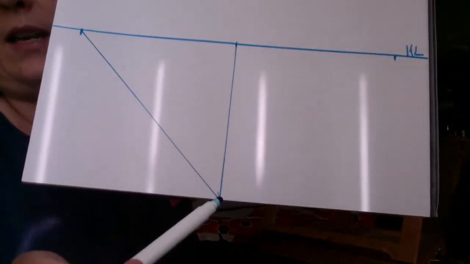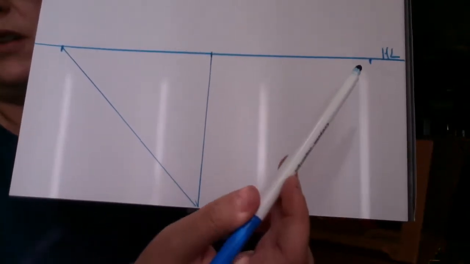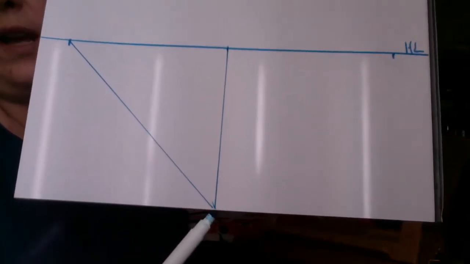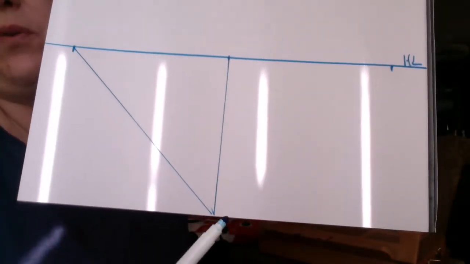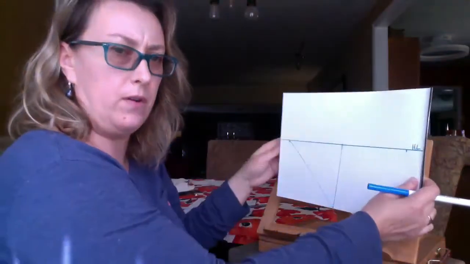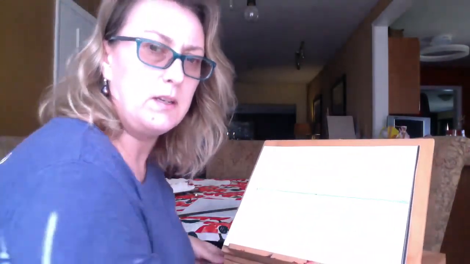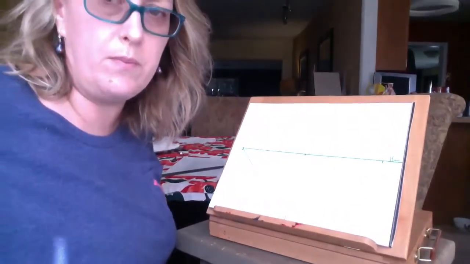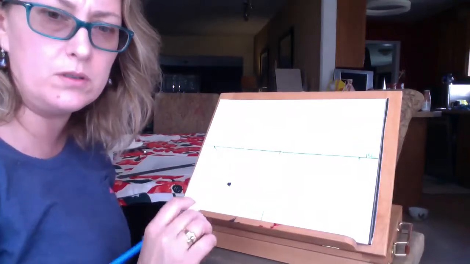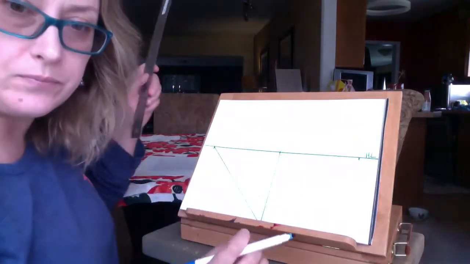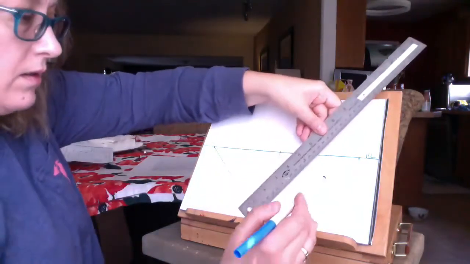And because this line is 5 inches long, I'm going to go 5 inches to the right and 5 inches to the left, and I'm going to join this 5-inch mark to my station point mark, okay? So I'm going to try to position this a little more closely so you can perhaps see it. It's very bright in here today, so it's hard to read the actual drawing. Hopefully it'll pick it up a little better as I draw.